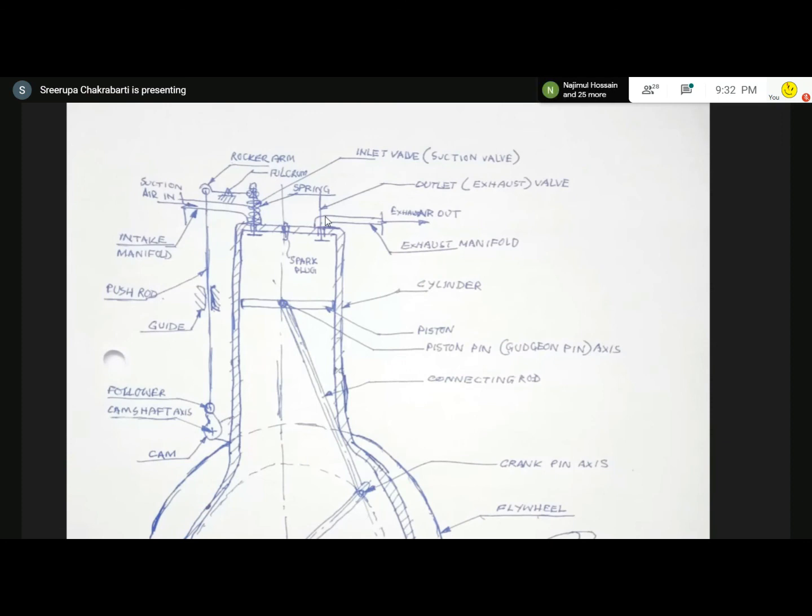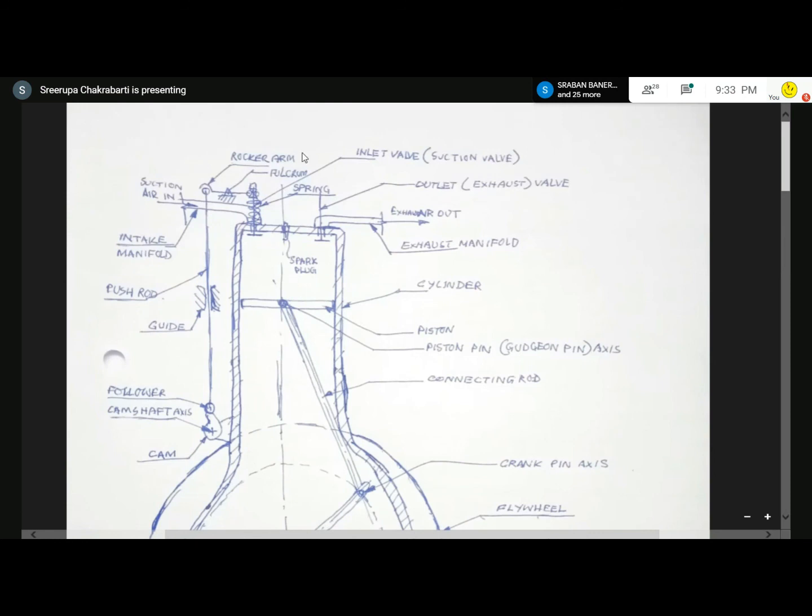It's a very good question. First of all, if you think theoretically, the piston starts its downward journey from the top dead center position, and the bottom dead center position is where the piston completes its downward journey.